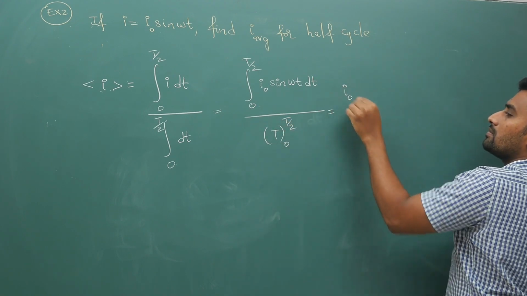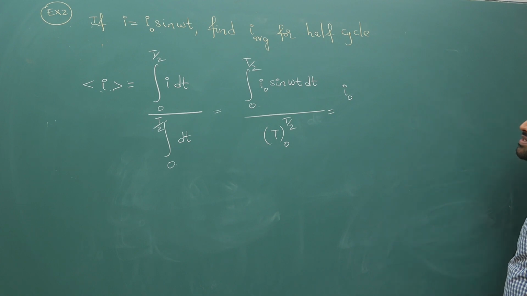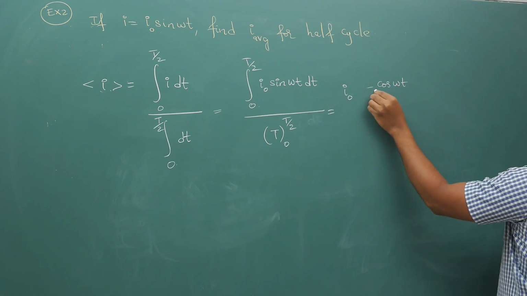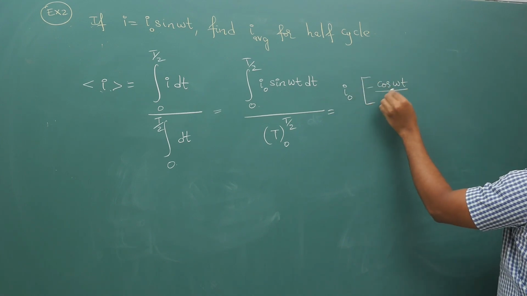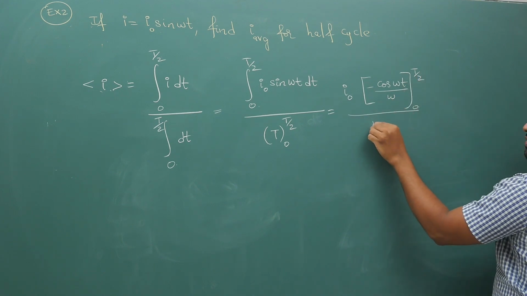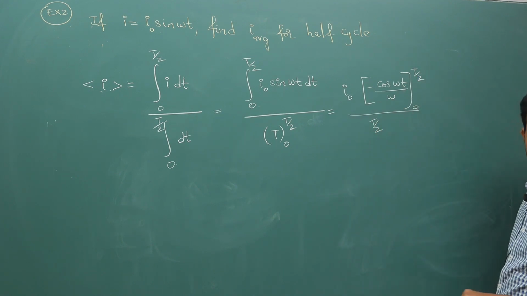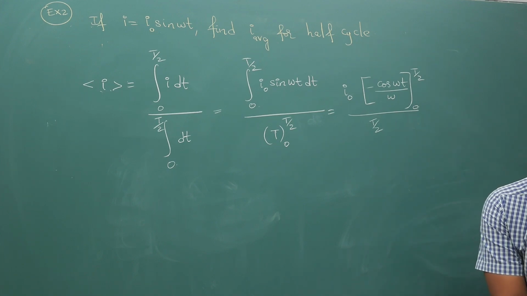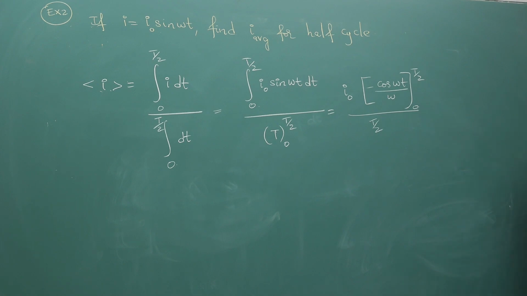So that will become I naught times the integral of sin omega t, which I have discussed is minus cos omega t whole divided by omega. For half cycle it is 0 to T by 2. Now if you are simplifying this, I naught you can take out of the integral.